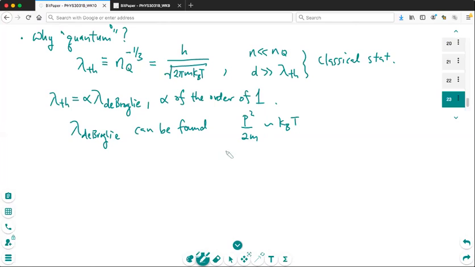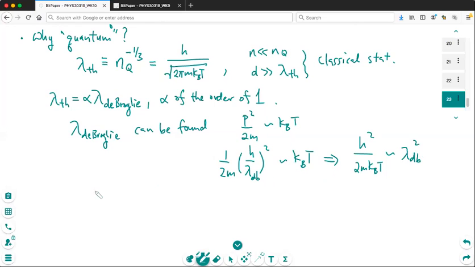Okay, and then I basically have it. For this p squared, I can just use h divided by lambda de Broglie, and that will be around k_B T. If you rearrange this, there's some constant which we haven't done properly, but this is hand waving. Sure, but you immediately get something of this form. So this is 2m k_B T. If I move this over here, then I have lambda squared.